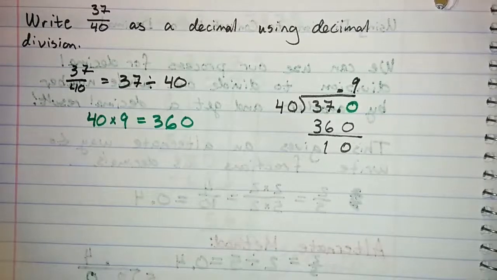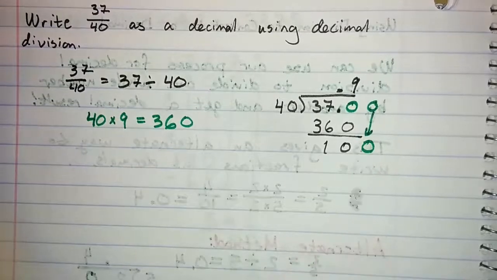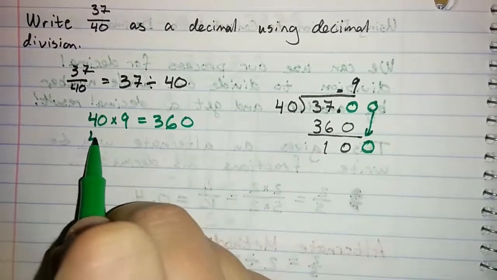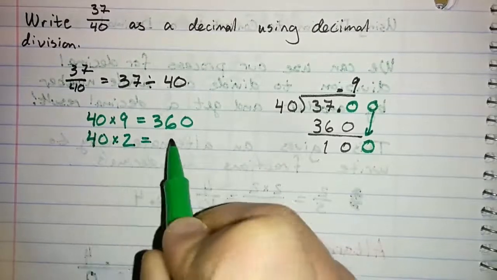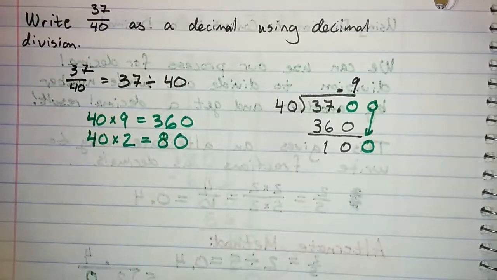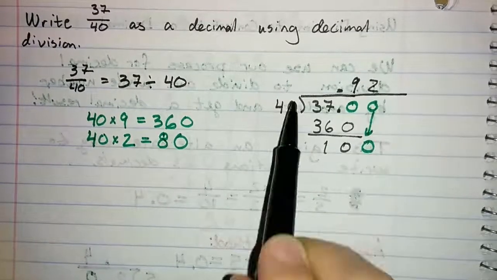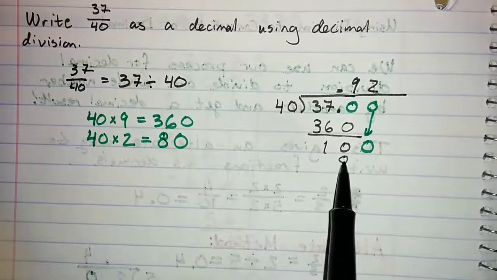Subtracting, I get 10. There's still something left, so I need a 0. I think 40 will go into 100 twice, since 4 times 2 is 8, and then I have a 0 on the end. Yes. 2 times 40, that's 80.